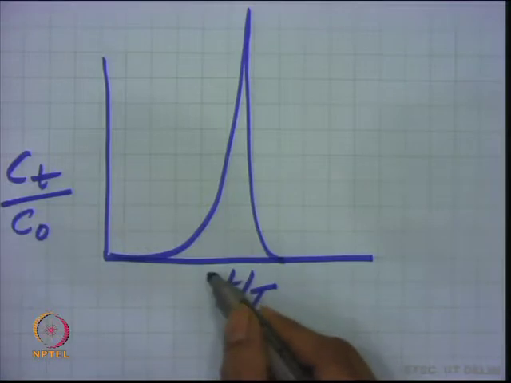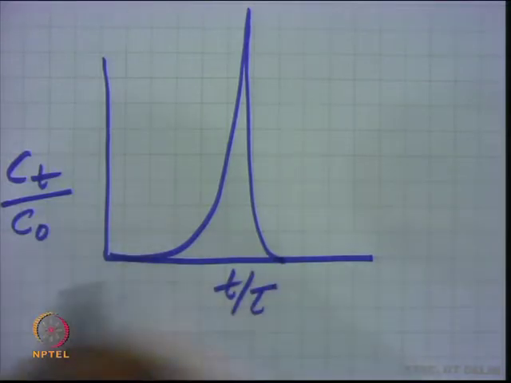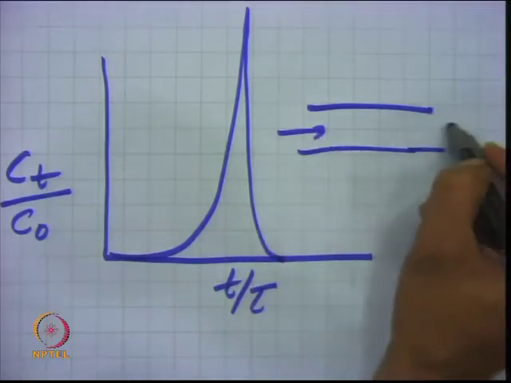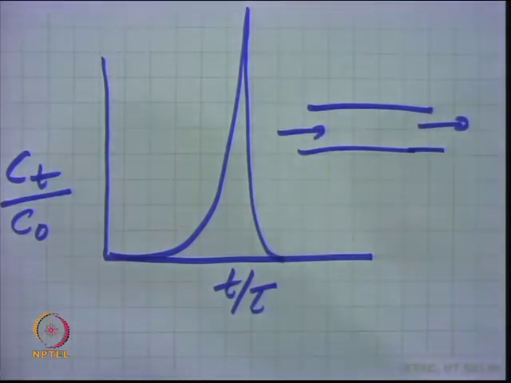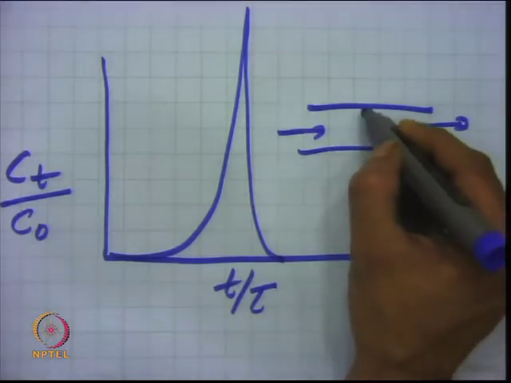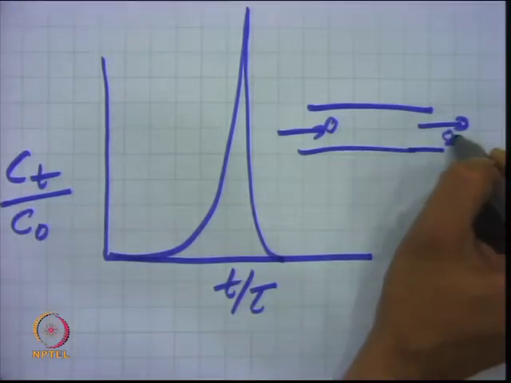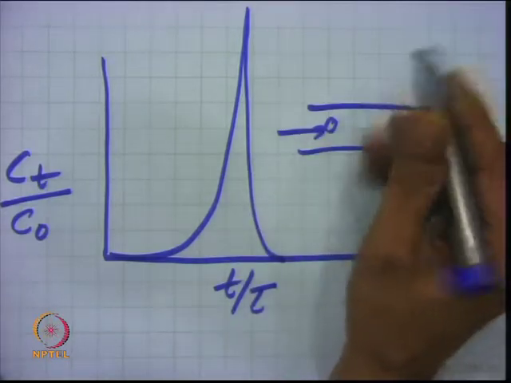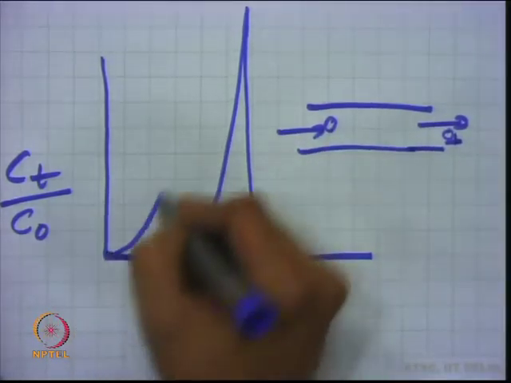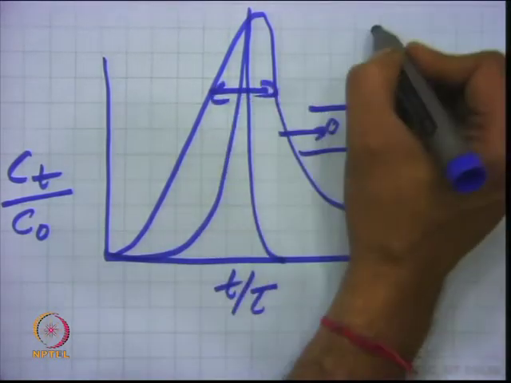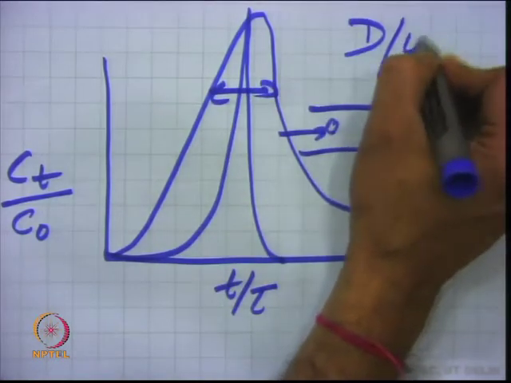When some tracer input is given in the reactor in terms of pulse input, and then the concentration is measured, right. If this is an ideal reactor, everything should come at the same time. If everything does not come at the same time, it is a kind of dispersion. That is a kind of non ideal term here, and this is measured in terms of dispersion number.